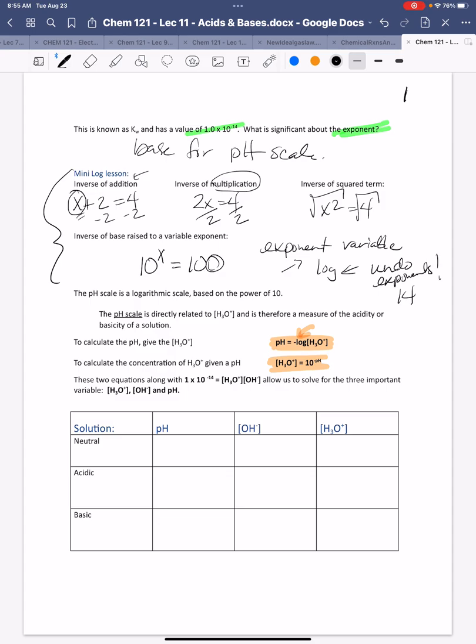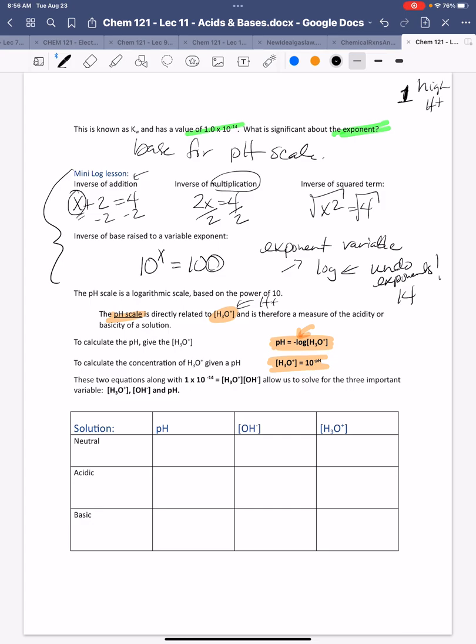So that's kind of where this pH scale comes from. It says right here, the pH scale, if I can get to the highlighter, the pH scale is directly related to the hydronium ion concentration. Often you'll hear them say H plus, or the hydrogen ion concentration. And essentially when I have a 1 pH, that means I have a high H plus concentration.